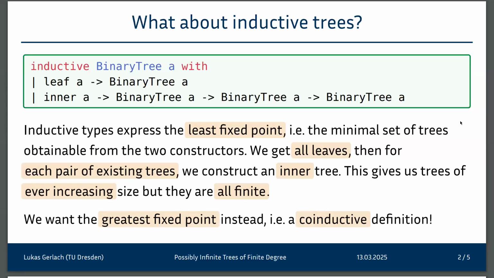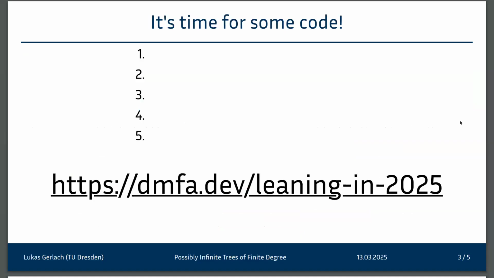Okay, but there's a catch, because Lean doesn't have co-inductive definitions, at least not as first-class citizens. Some other interactive theorem provers, I think Coq, for example, allow this. I never played around with that, but I've seen that there's a co-inductive keyword there, for example. But we don't have that. So we are going to do this a little bit differently.